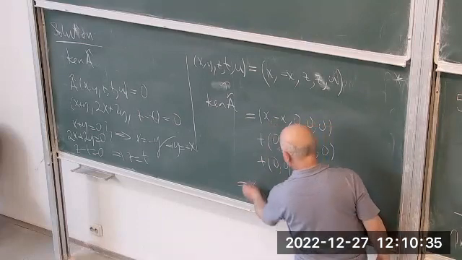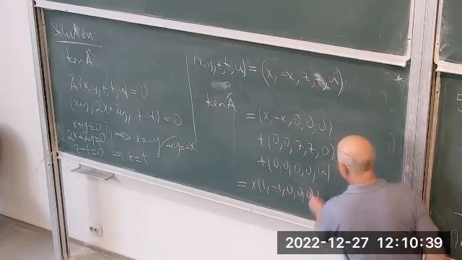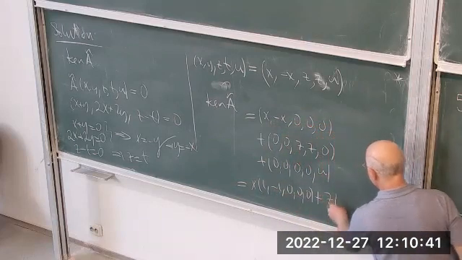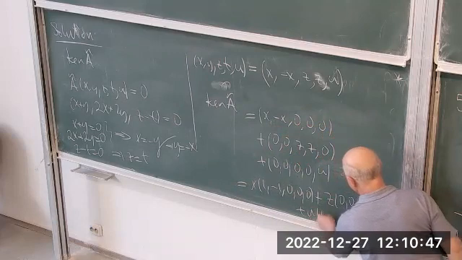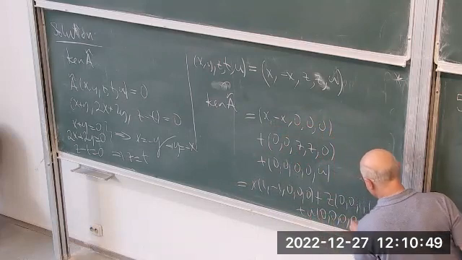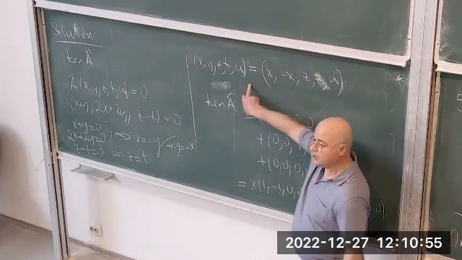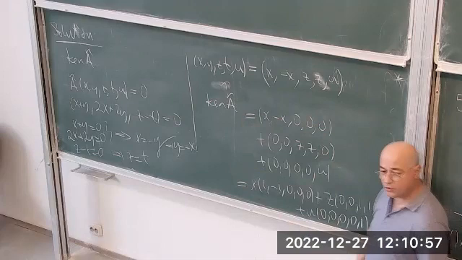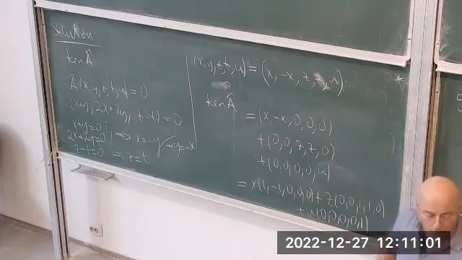This is just x times (1, minus 1, 0, 0, 0) plus z times (0, 0, 1, 1, 0) plus u times (0, 0, 0, 0, 1). So what we see is that anything in the kernel is a linear combination of this vector, and this vector, right?